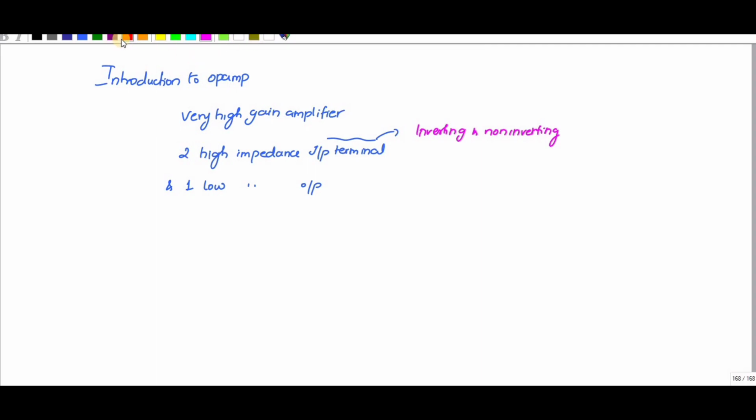This basic op-amp circuit consists of, first, a differential amplifier at the input stage.